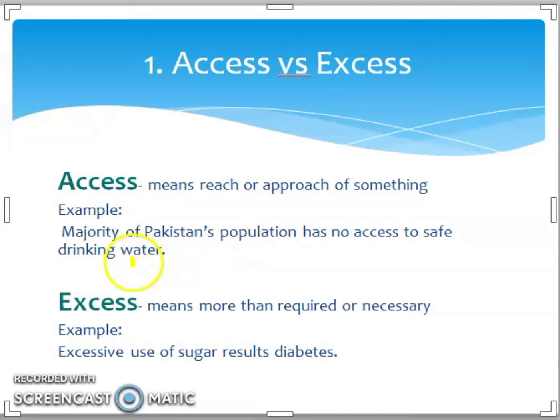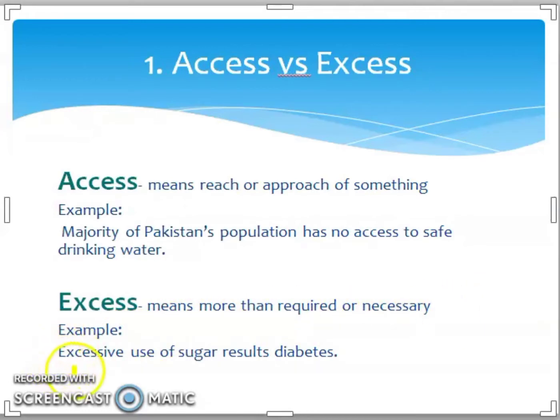Now, what it says is that the majority of people living in Pakistan have no access. No access means no approach or no reach of what? Of safe drinking water. The second word, excess, means more than required or necessary.